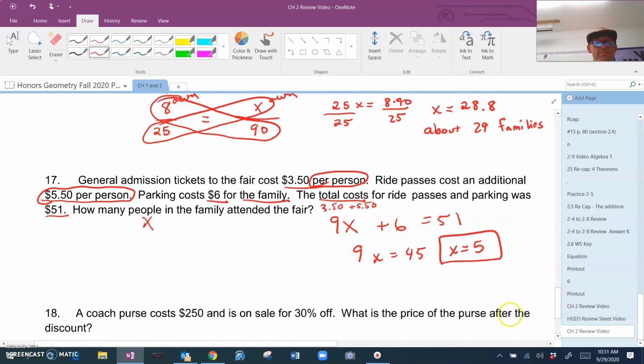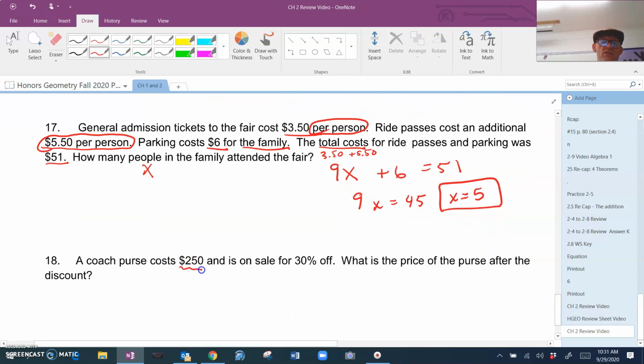All right, you can do it. All right, the last question is a $250 purse. It's 30% off. What's the price after the sale? So 30% of $250, we figure it out like this. We say how much out of 250 whole is equal to 30 out of 100.